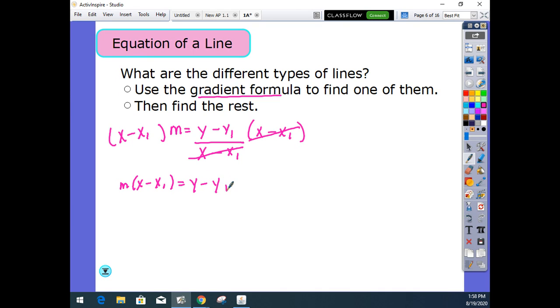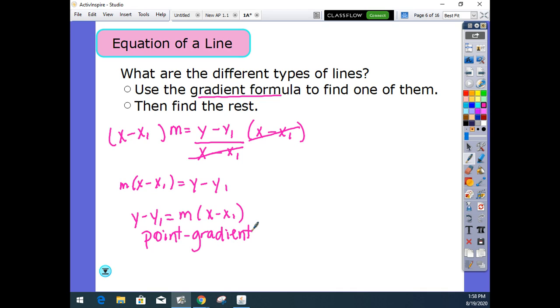Do you recognize this? Normally these are flip-flopped. I'm going to put the y on this side. Y minus y1 equals m times x minus x1. We always called this the point slope form. So IB calls it point gradient because they always use gradient instead of slope.